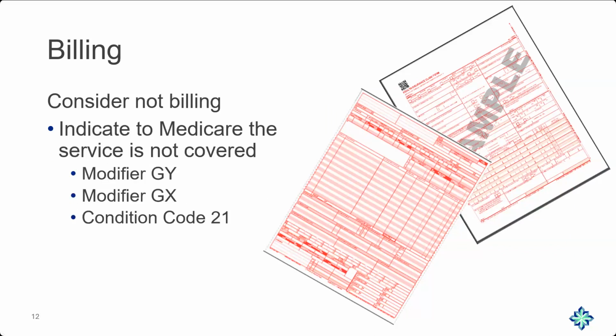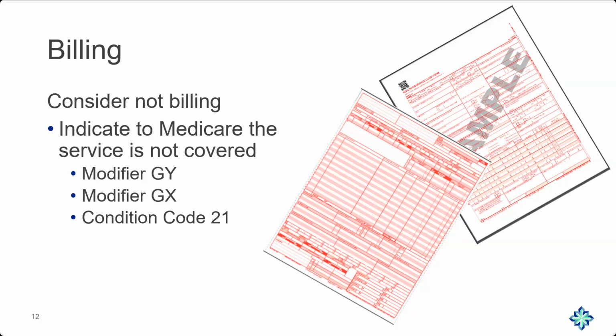When you're billing Medicare, should you add a modifier? First, this one bills both on a UB or 837I and a 1500 or 837P. So let me put it this way. On the UB04, if the entire claim is for a not covered service, then you can just use condition code 21, and be done with it.